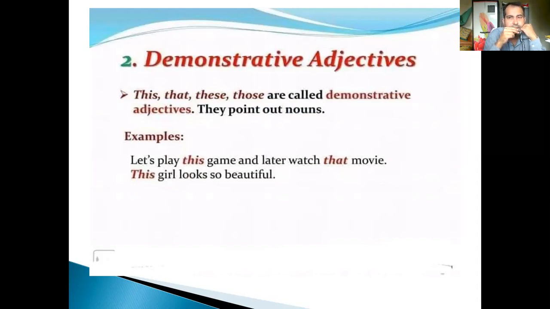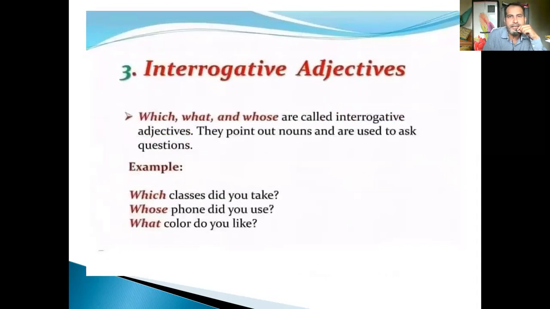So that also points out a particular movie. So I think you have got the concept of the demonstrative adjective, how it is formed and which words are called demonstrative adjectives. So keep in mind, just memorize these 4 words: this, that, these, those. We move on to the next slide.